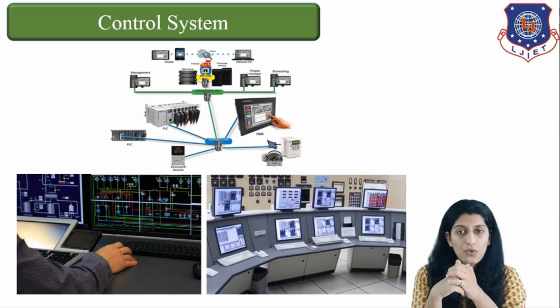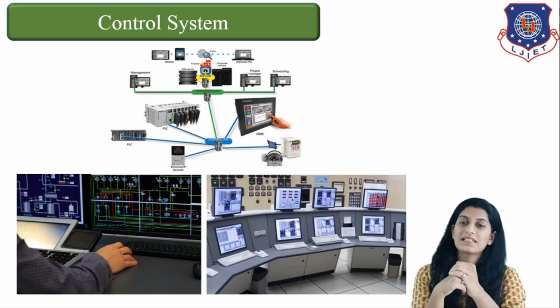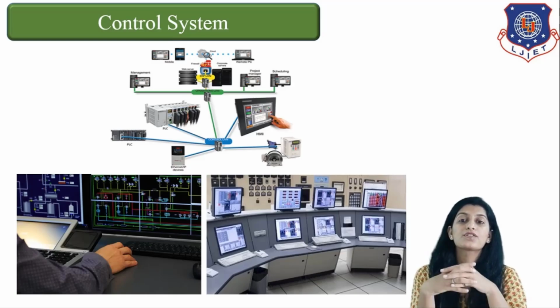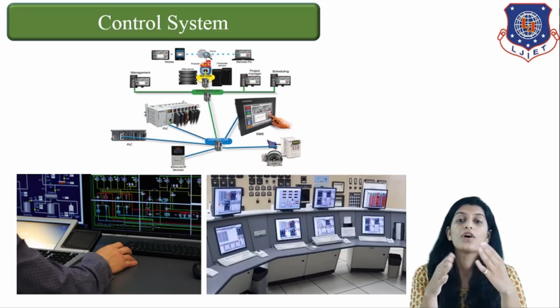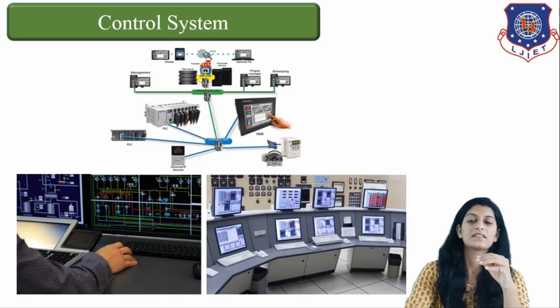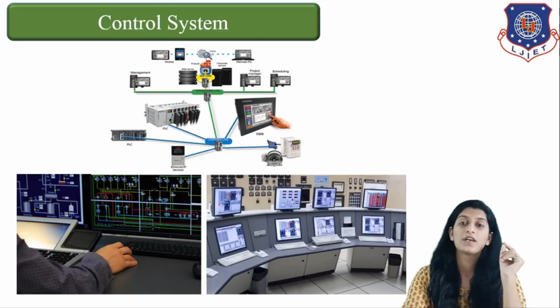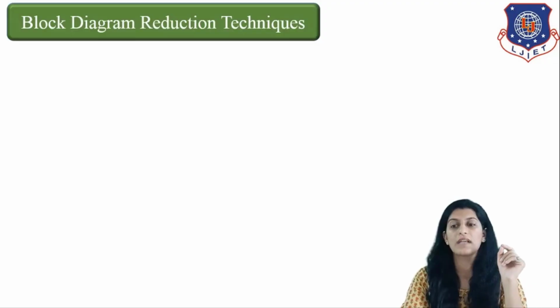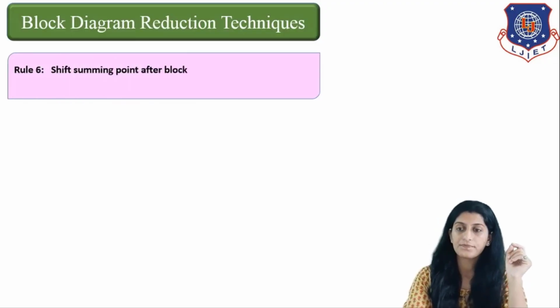And for that we are dealing with these rules, because these rules will guide us on which kind of elimination method we need to adopt and where we need to adopt it. Right? So, let's start with today's topic, which is rule number 6 for the block diagram reduction technique.